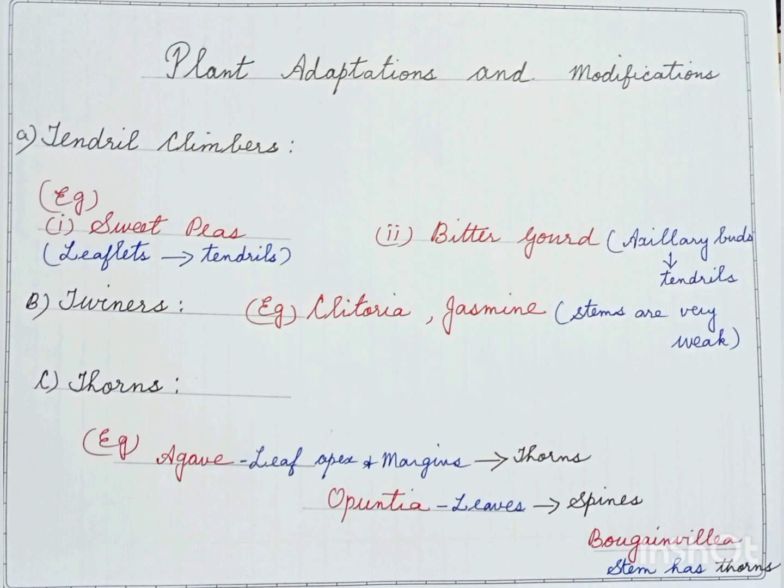These plants have a weak stem, so they climb on support. Third one is the thorns. Example, agave. Here, in agave, leaf apex and margins are modified into thorns. In opuntia, leaves are reduced into spines. Third example, bougainvillea. Here, the stems have short thorns.